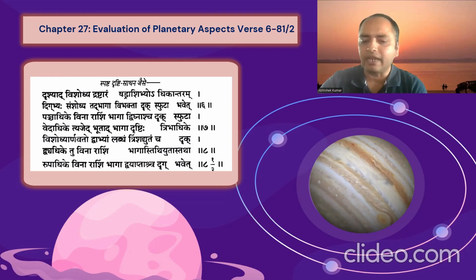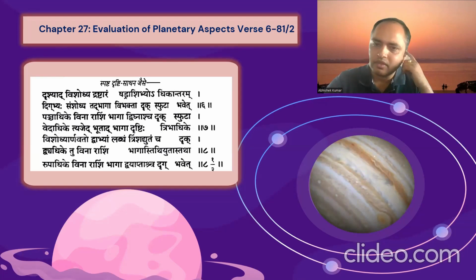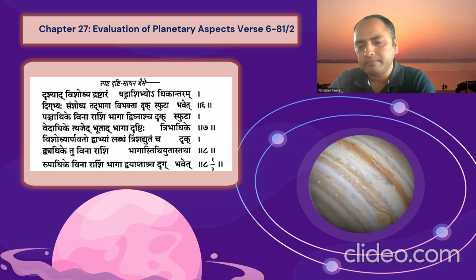That angle is called the aspectual angle, drishti kone. The definition of drishti kone is that the longitude of the aspected, drishya, is to be deducted from the longitude of the aspector.